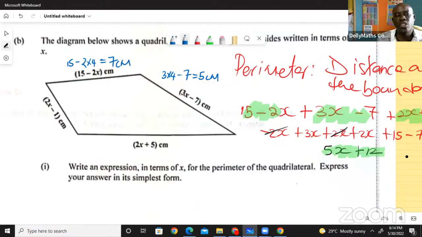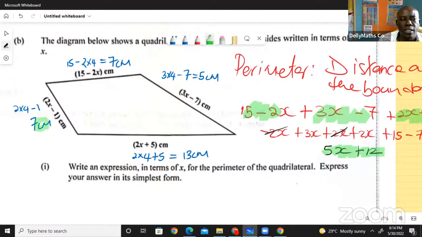The other side is 2x minus 1. So 2 times 4 minus 1. 8 minus 1 is going to give me 7 centimeters for that side. The last side I'm going to check is 2x plus 5, but x is 4, so 2 times 4 plus 5, and this gives us 13 centimeters.